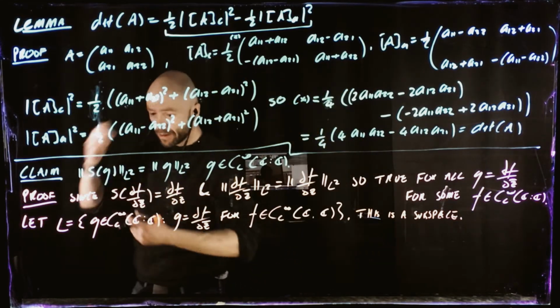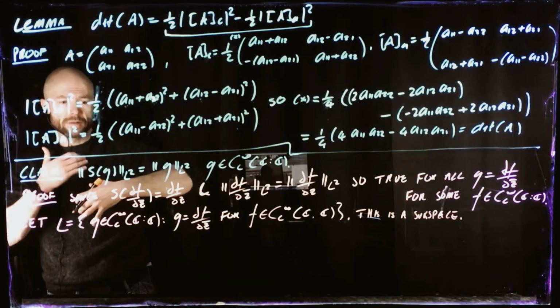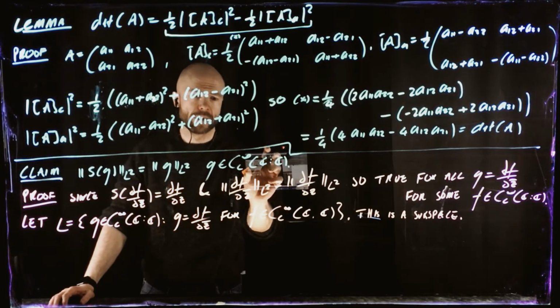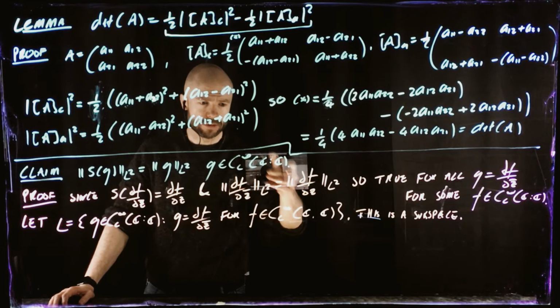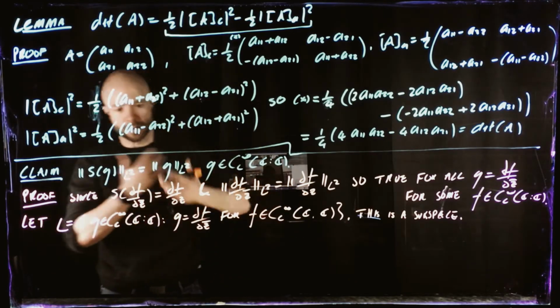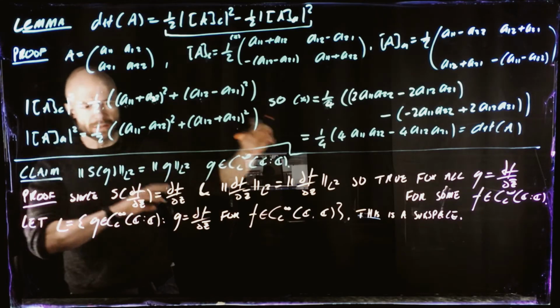So let's consider the space that is orthogonal to this subspace inside the space of compactly supported C-infinity functions from the complex numbers to the complex numbers. But let's talk about what inner products are when we have functions from the complex numbers to complex numbers.